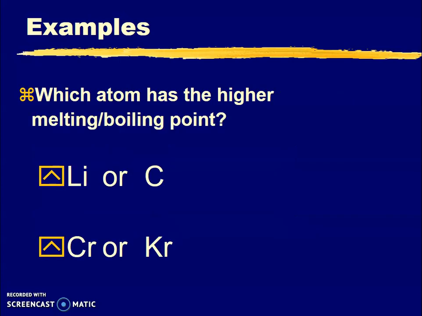All right, which one has the higher melting or boiling point? Again, pause the video, look at these two comparisons, and see which one. All right, C has a higher melting and boiling point than Li, and Cr has a higher one than Kr.